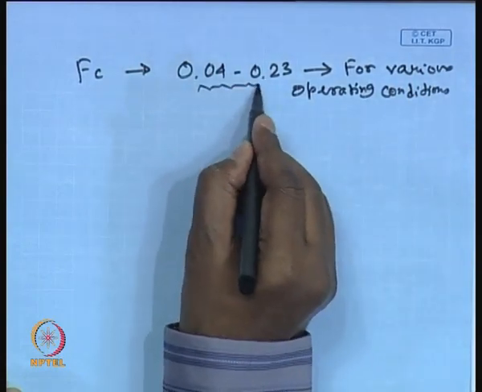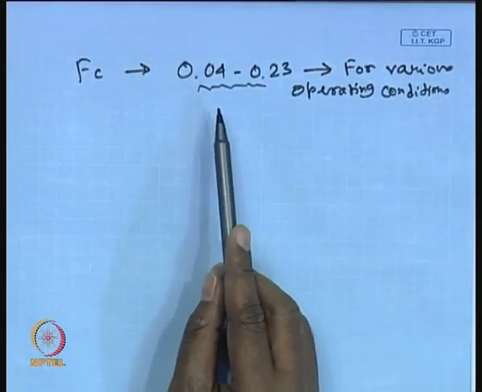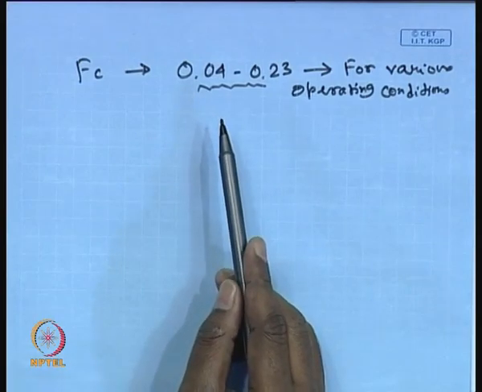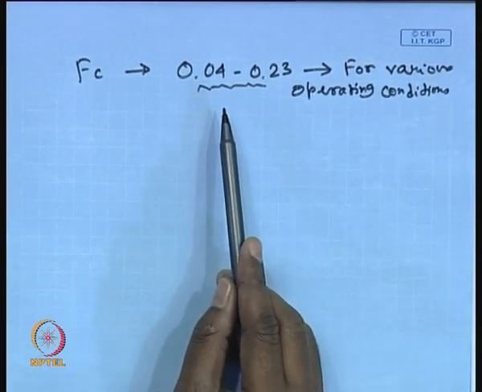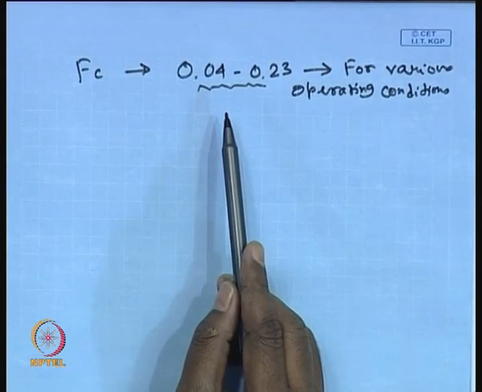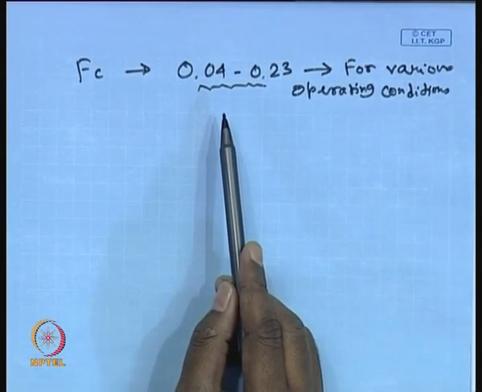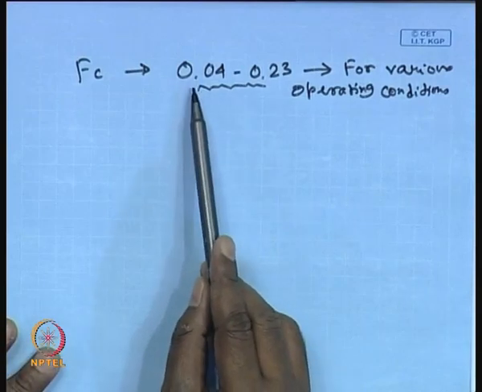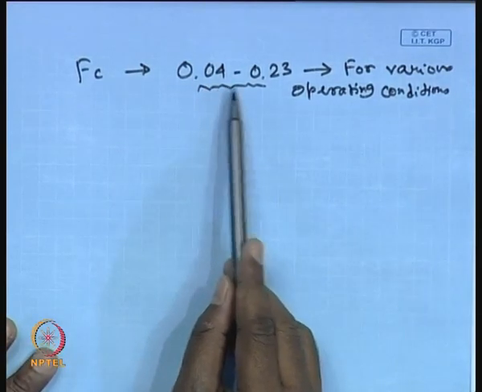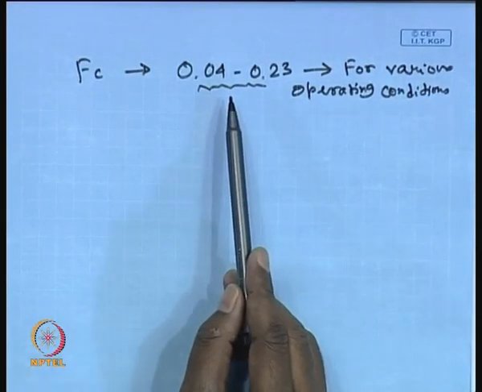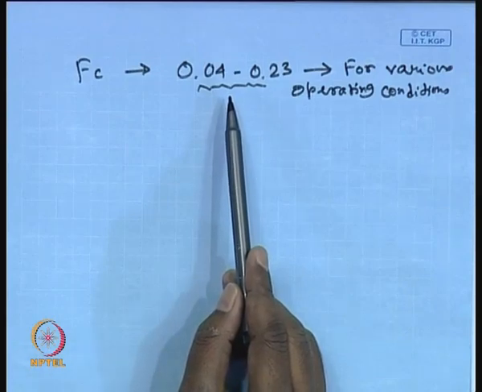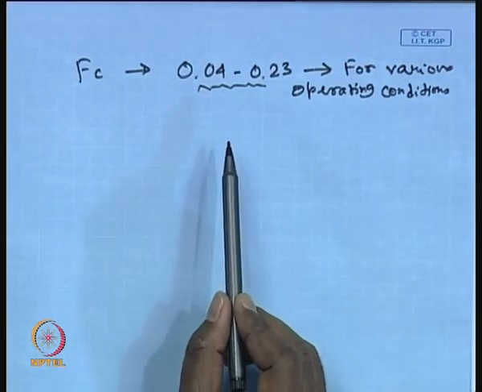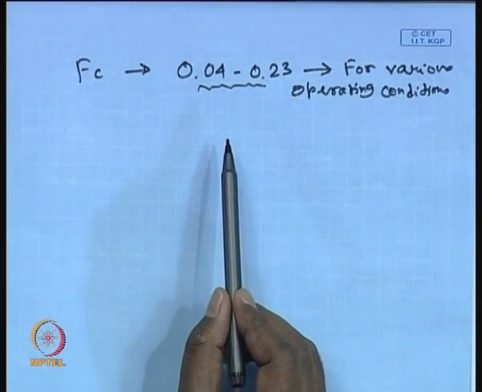I intentionally gave these values because you can understand what is the actual volume reduction. The volume reduction will not be in the order of 2 times, 3 times, not by 50%, not by 70%. It will be extremely small, to the tune of 0.04 to 0.23. That means 4% to 23%.